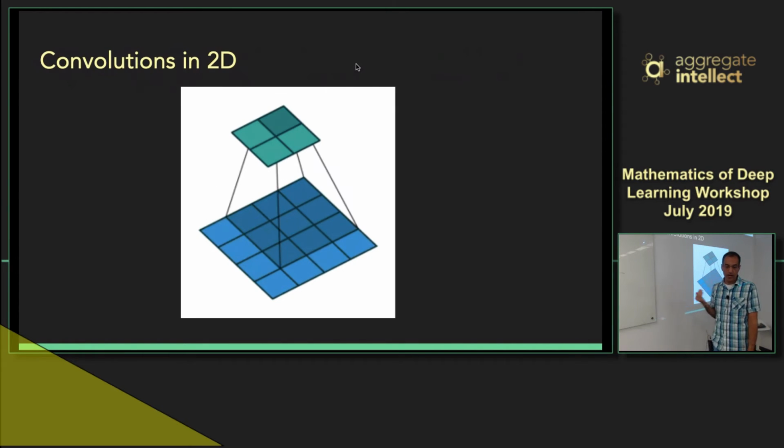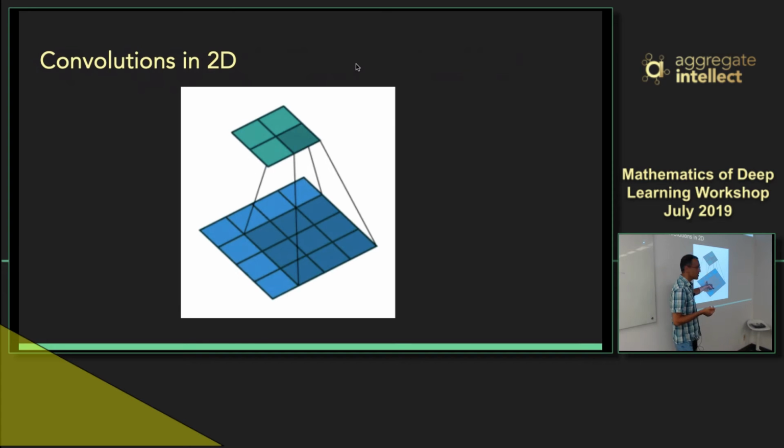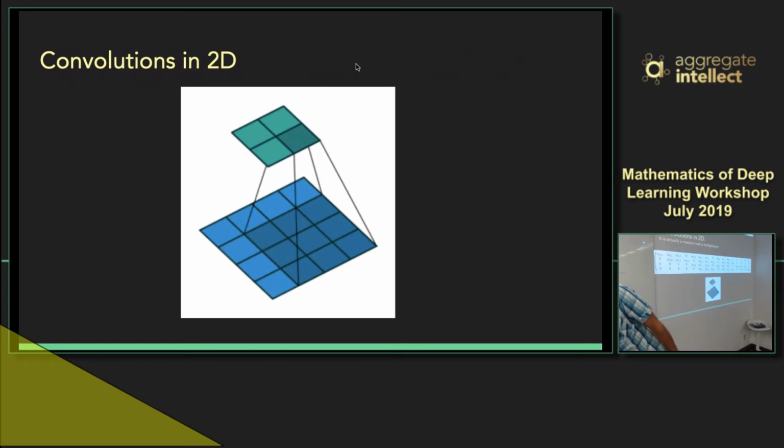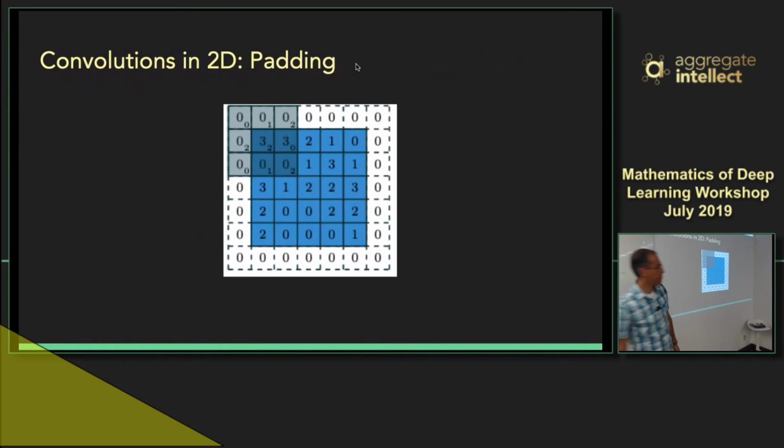Now, how can I solve that? I will augment my image by adding zeros to it, okay? It's called padding. So I add cells here, and I fill them up with zeros. So here is padding by 1.